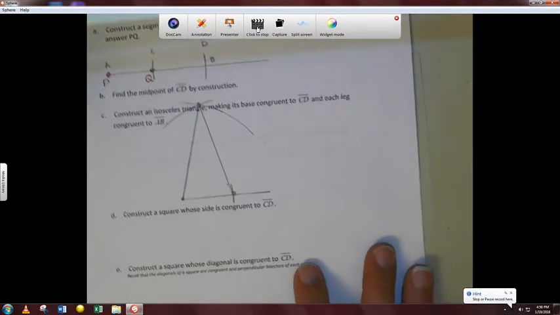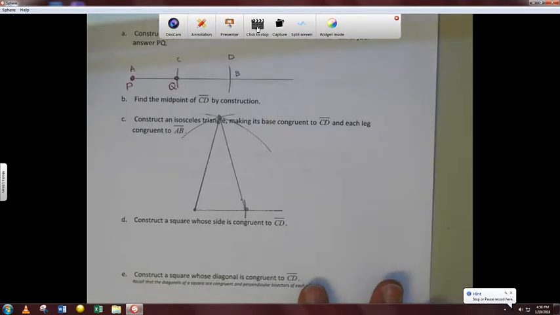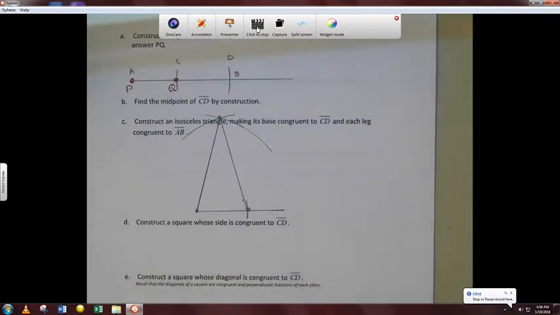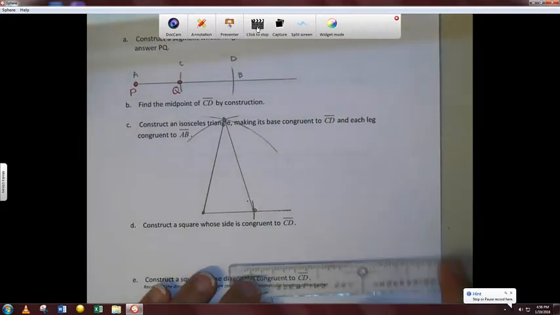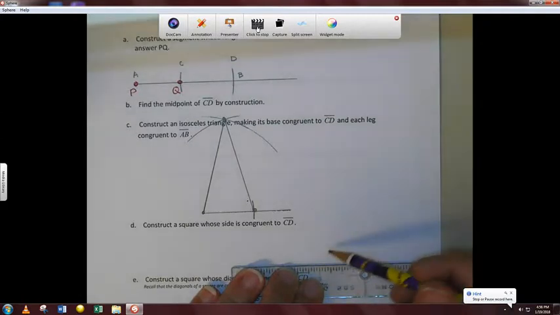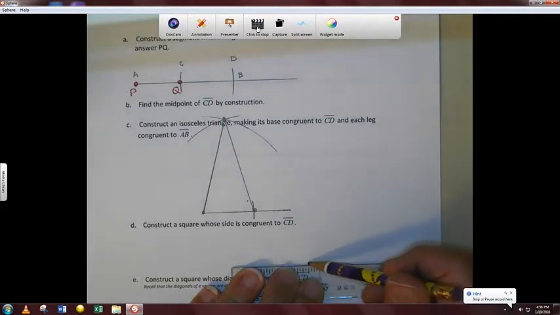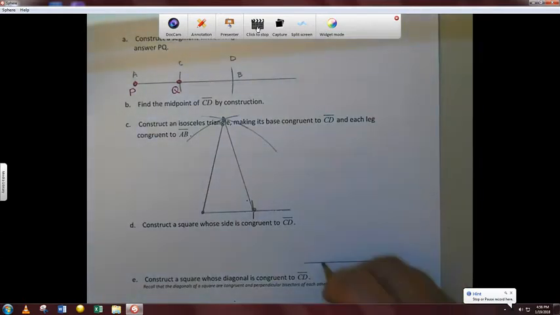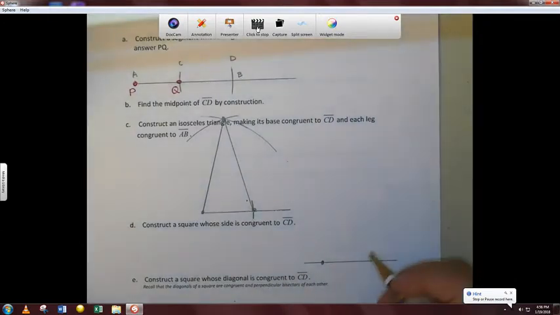Alright. Next I'm going to construct a square whose side is congruent to CD. So I need to start by making a perpendicular because squares have right angles. So over here, I'm going to draw a segment, but I don't want to make it too big. I want my vertex of my square to be right here.